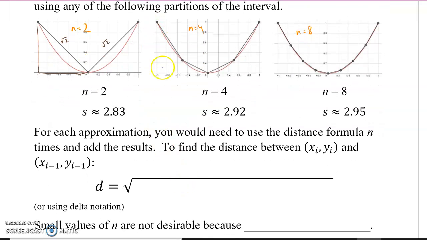So in general, we find x sub i minus x sub i minus 1, and we square that. We take y sub i minus y sub i minus 1, and we square that. And we take the square root of that. That's the Pythagorean theorem, or the distance formula.